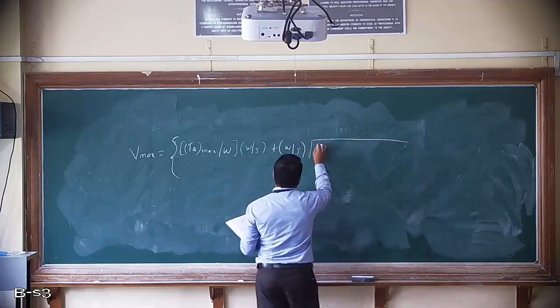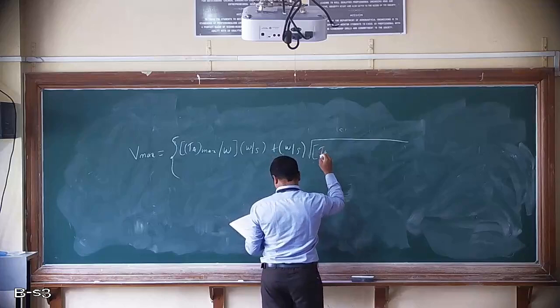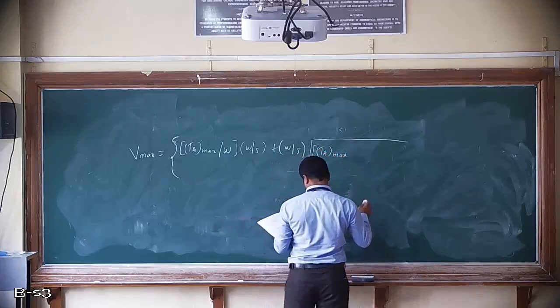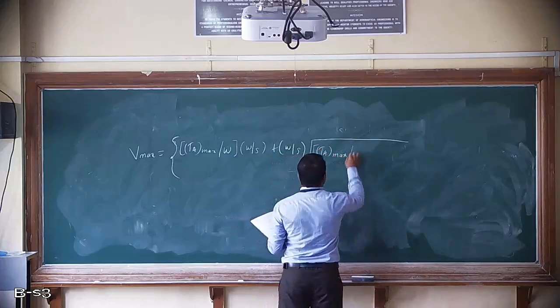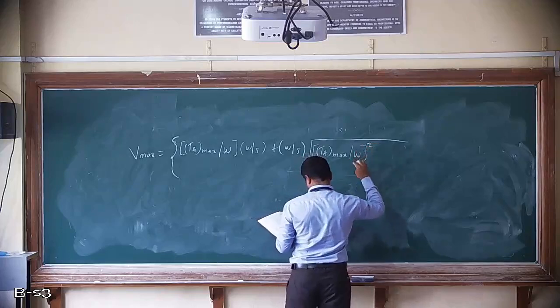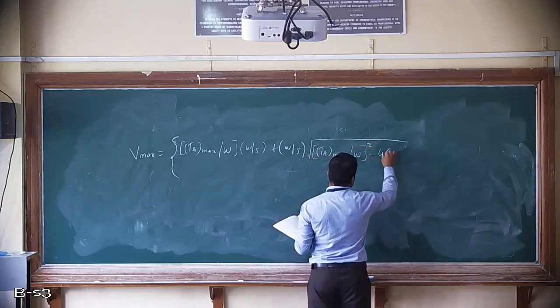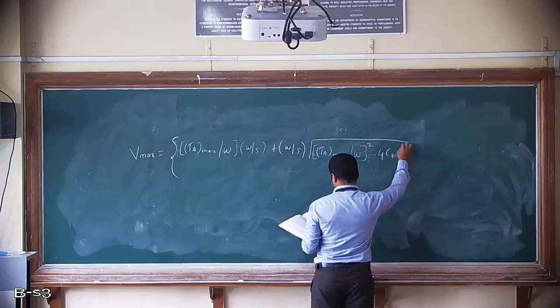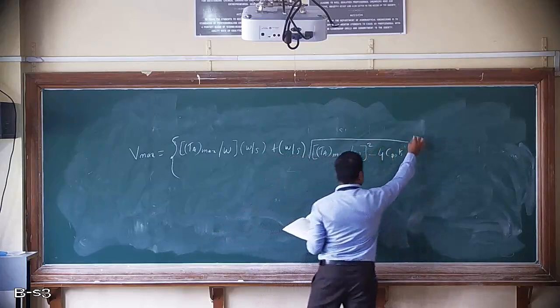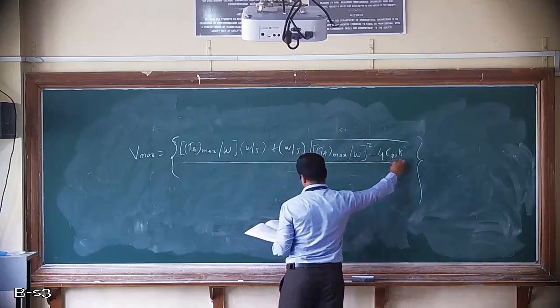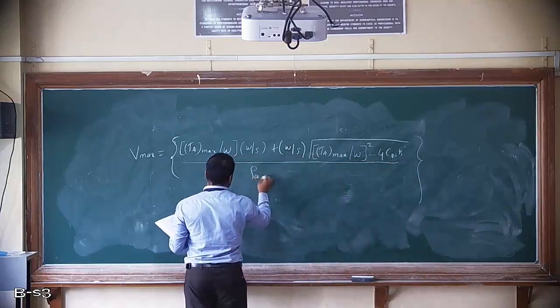root of TA max divided by W, whole square, minus 4 CD naught K, whole divided by rho infinity and CD naught.